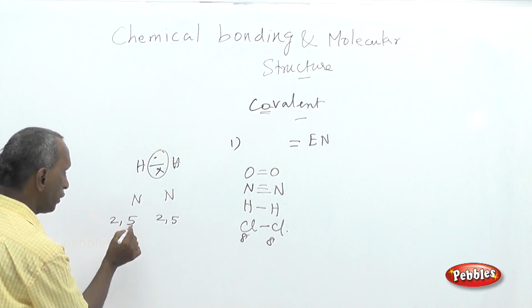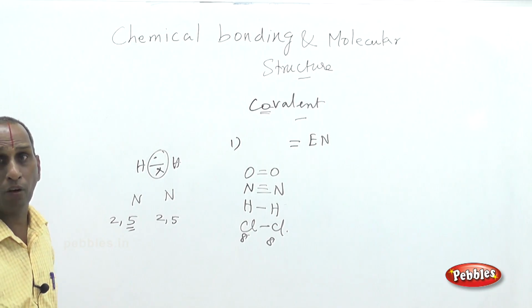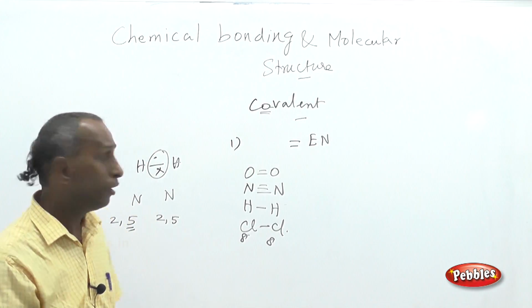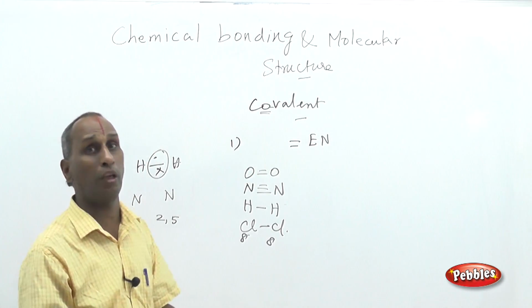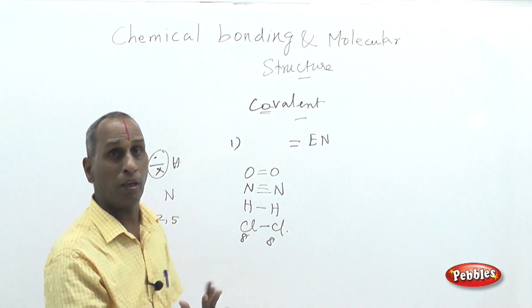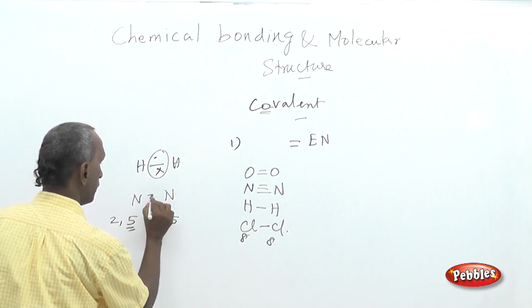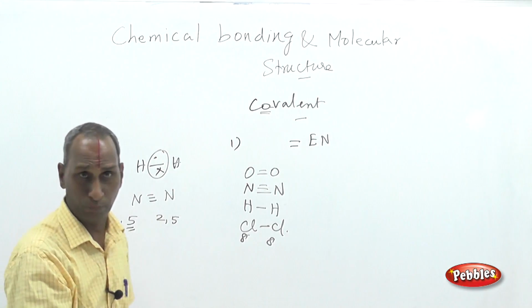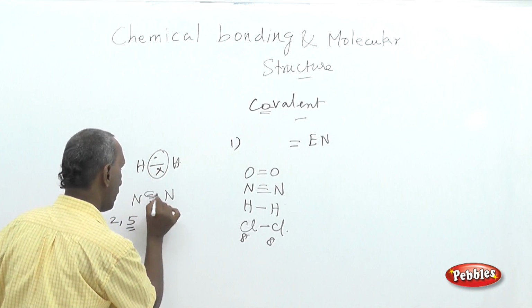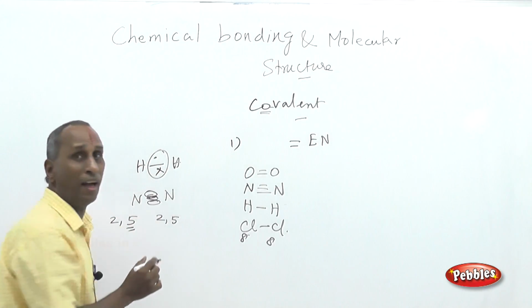In order to attain the octet configuration, it requires 3 electrons. But both the nitrogen atoms require 3 electrons, so none of them will give 3 electrons to the other. That is not possible. So the 3 electron pairs will come at the center.